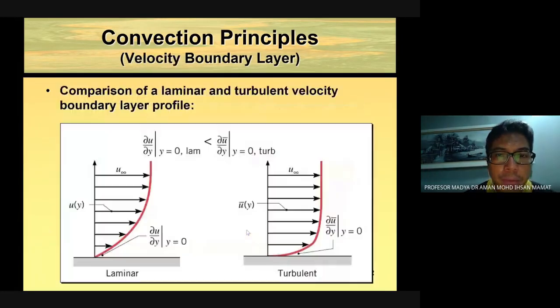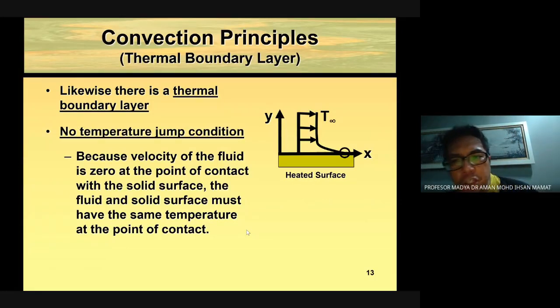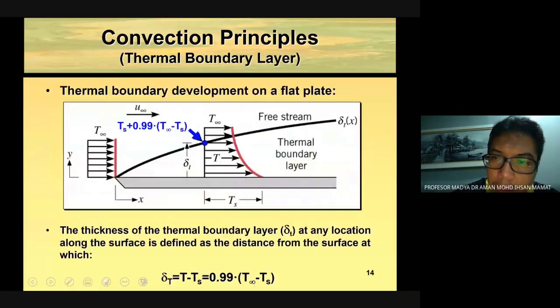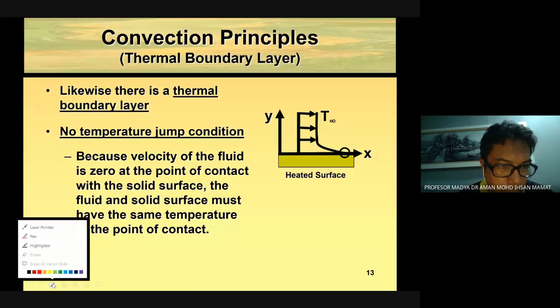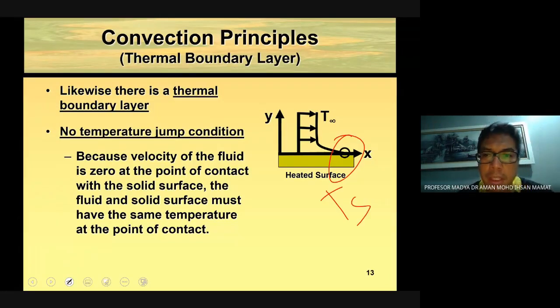Okay, then if we apply this toward the thermal boundary layer, where you have a free stream temperature and then the surface temperature. So this is the surface temperature. We call it TS.